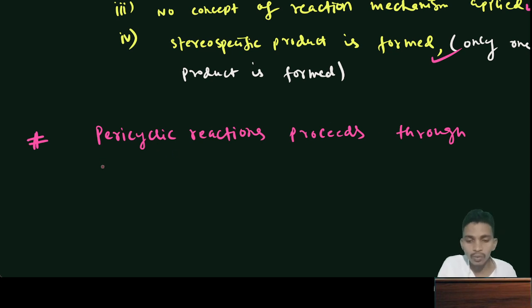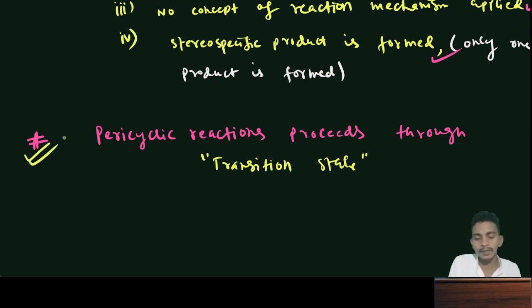It proceeds through intermediates. Okay, sorry, it proceeds through a transition state, because here I said that no intermediate is formed. So pericyclic reactions proceed through a transition state.